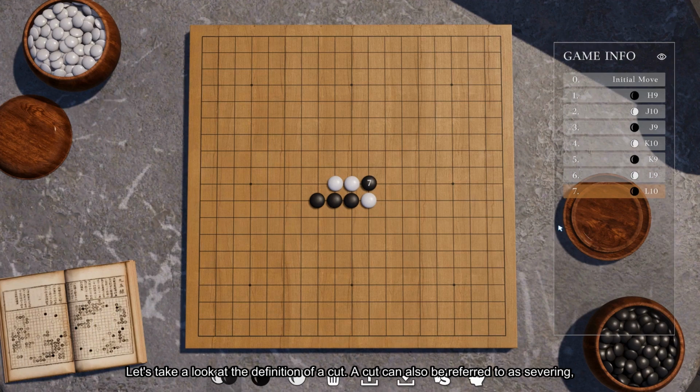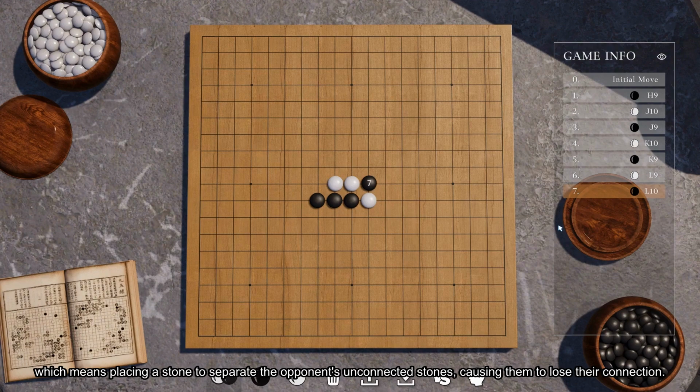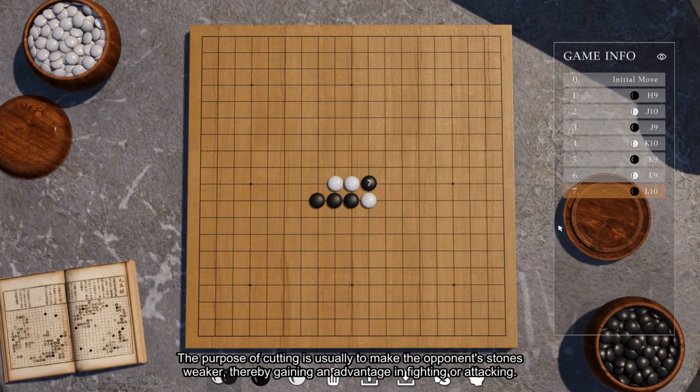A cut can also be referred to as severing, which means placing a stone to separate the opponent's unconnected stones, causing them to lose their connection. The purpose of cutting is usually to make the opponent's stones weaker, thereby gaining an advantage in fighting or attacking.